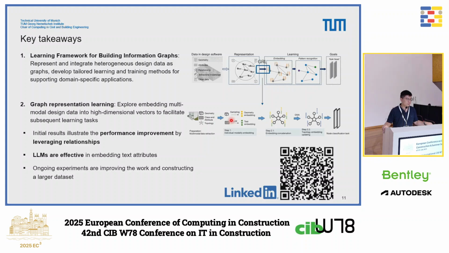The initial results show that the performance of the experiment has been improved a lot by leveraging relationships, by considering graphs. Another conclusion we got is that large language models are very effective at embedding text attributes. Thank you very much.